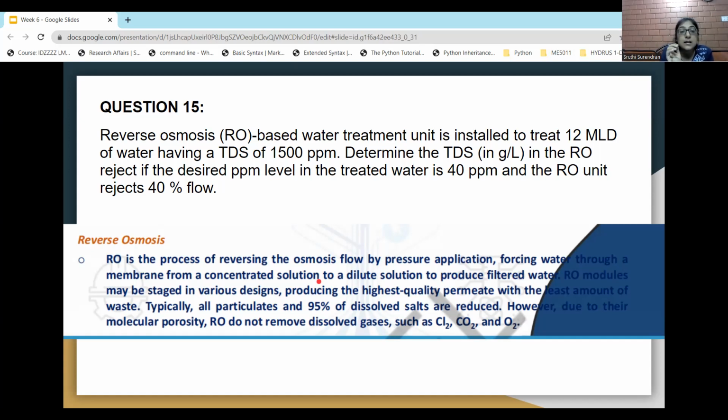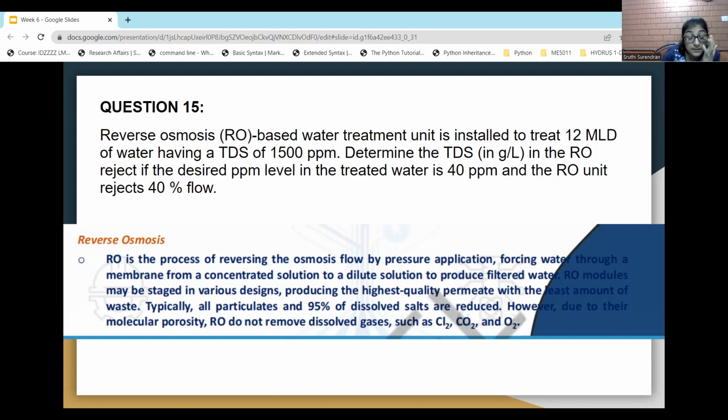So that reject, they have asked us to find out the TDS in the reject water. If the level of TDS in treated water is 40 ppm, that is in treated water, the amount of solids that should be available should only be 40 milligram per liter. And they have also said that the RO unit is rejecting 40% of the flow.